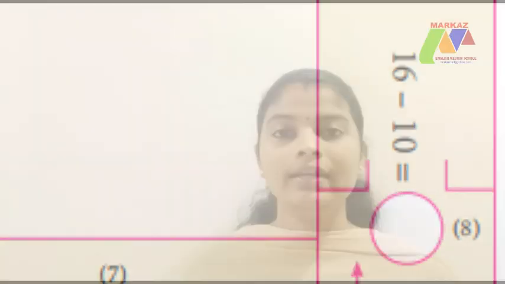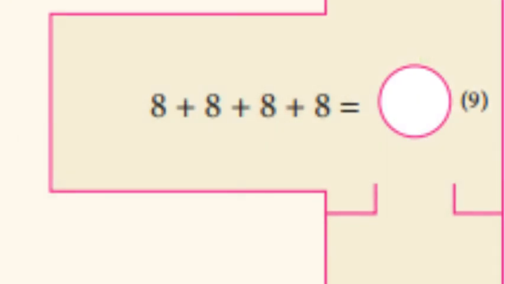Now the ninth one, 8 plus 8 plus 8 plus 8. Addition. So children, here we have to add 8 4 times. So children, the answer is 32.